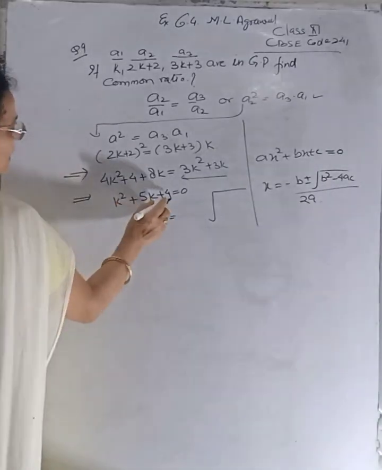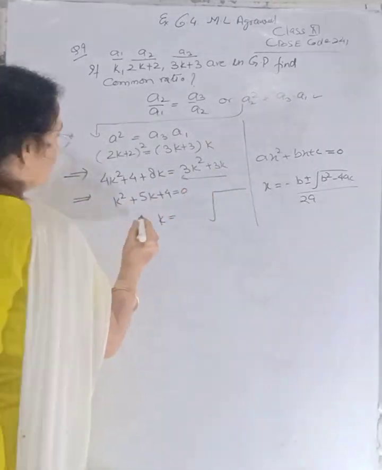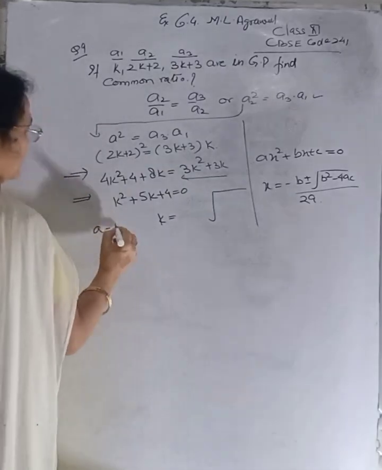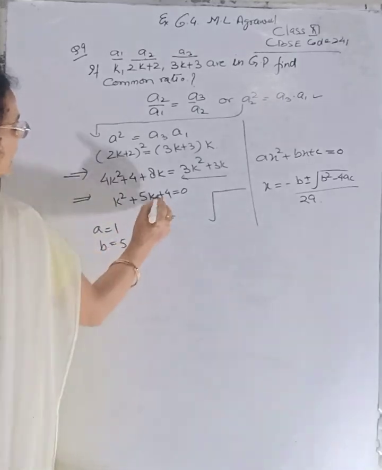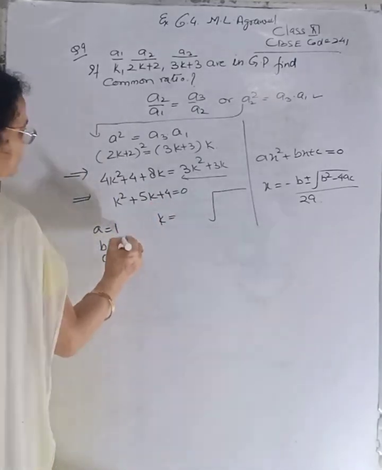Same is over here. K can be obtained by using this formula, where A is equal to 1, B is equal to 5, and C is equal to 4.